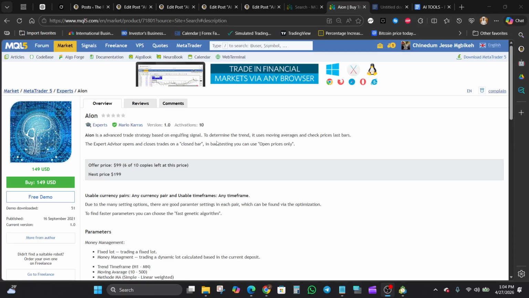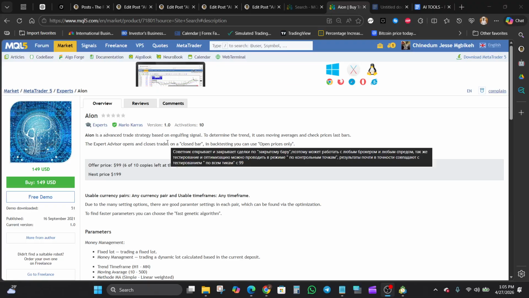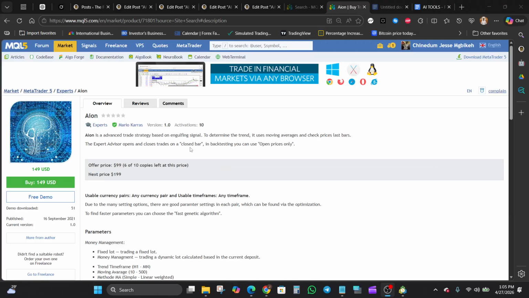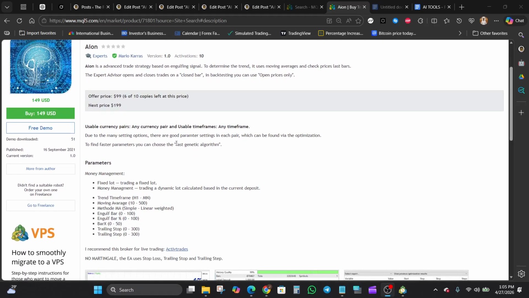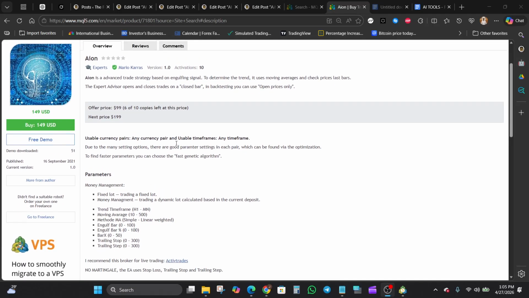Now in this review, I'm going to be going through the Aion EA for MT5. So jumping straight into the MQL5 marketplace overview, we can see that what stands out from this EA is that it is built around a very structured price action concept.